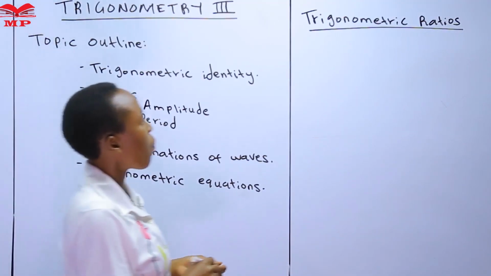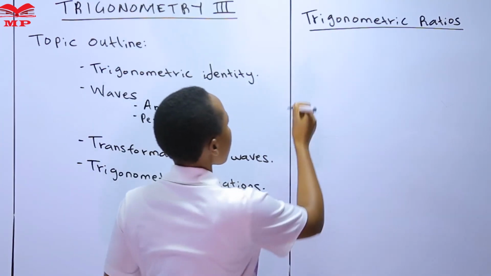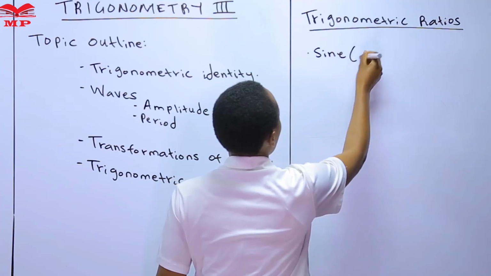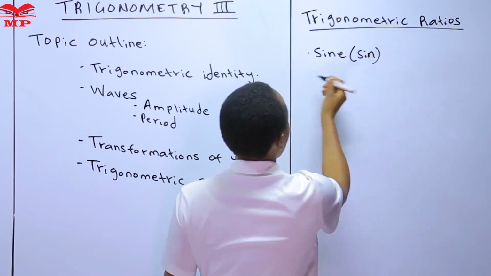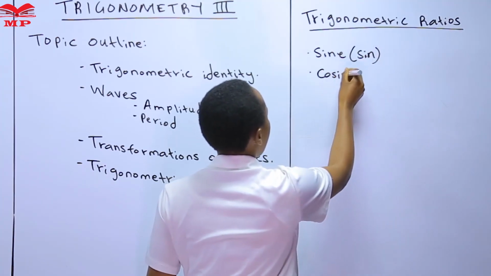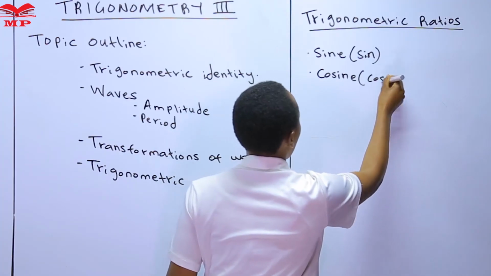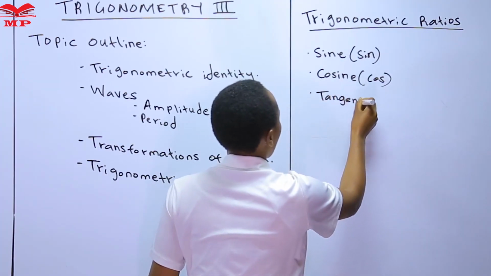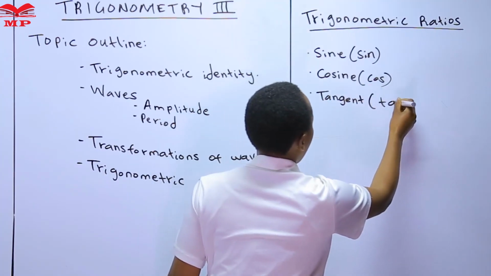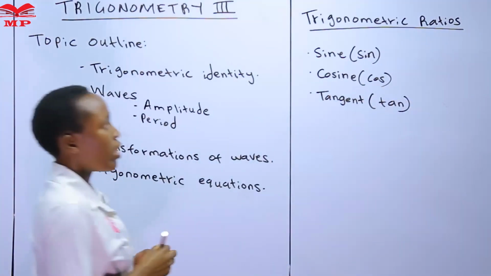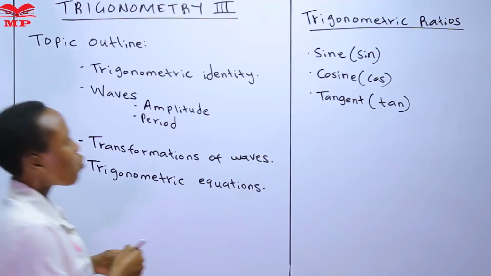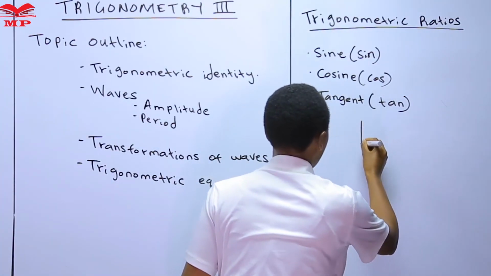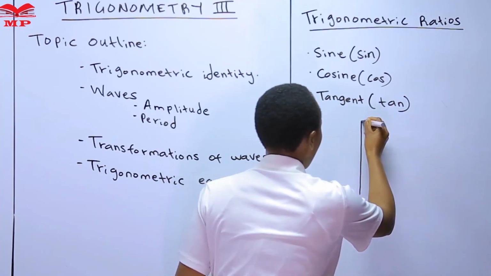So trigonometric ratios, in this case, we have the sine, which we write as sin. We also have the cosine, which we write as cos, and the tangent, which we write as tan. Now, I would like us to consider the following right angle triangle.